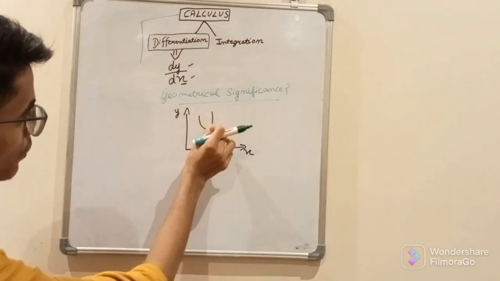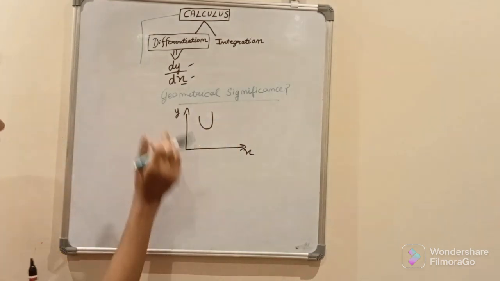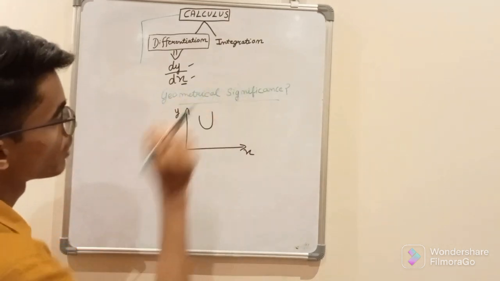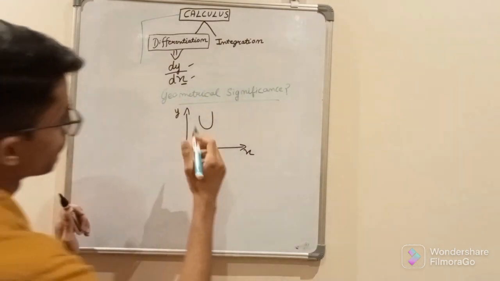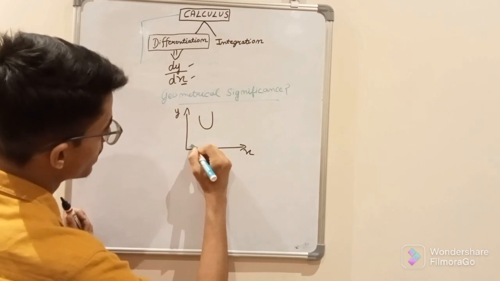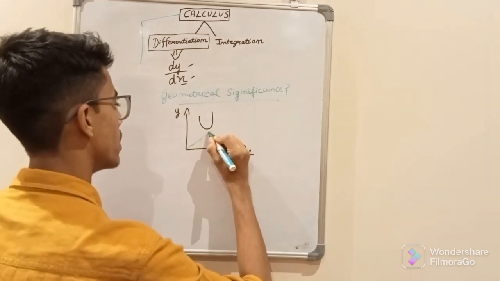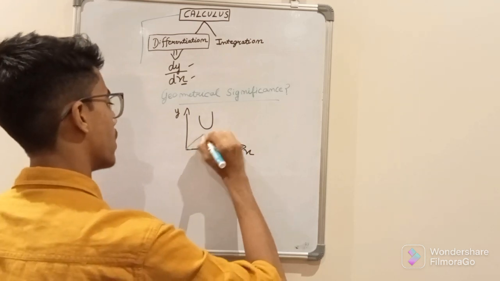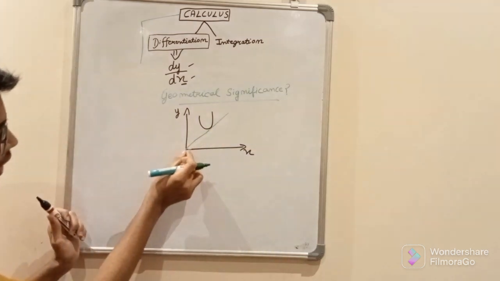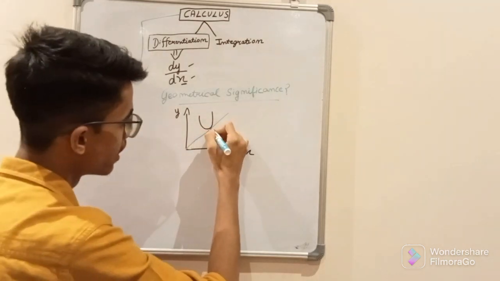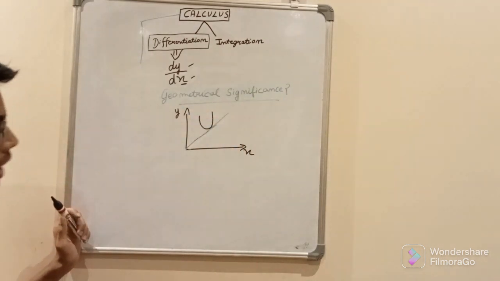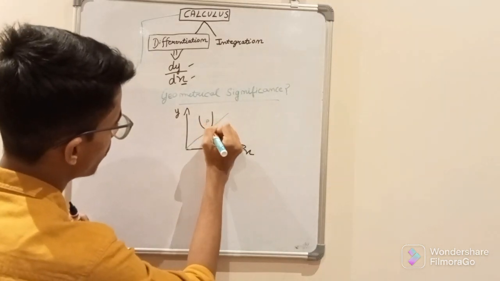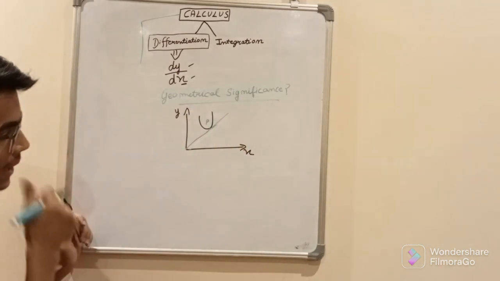Now, if we have to find the slope of this parabola, we can do that by the help of dy by dx, and that is only the geometrical significance. What we have to do is connect a tangent from the origin passing through the graph, the point. Let's say this is point P. The point of intersection is point P.